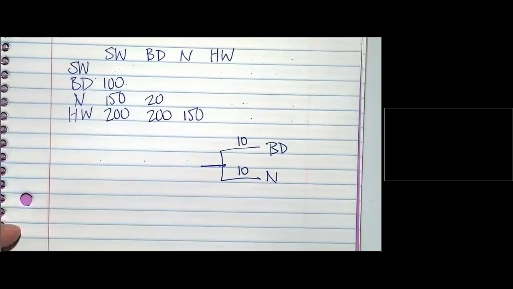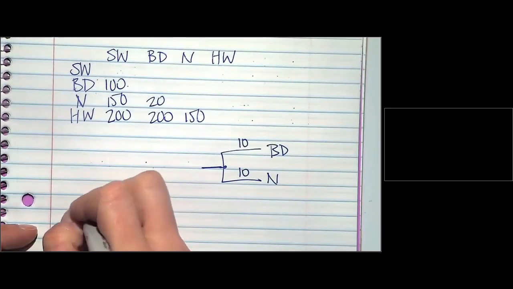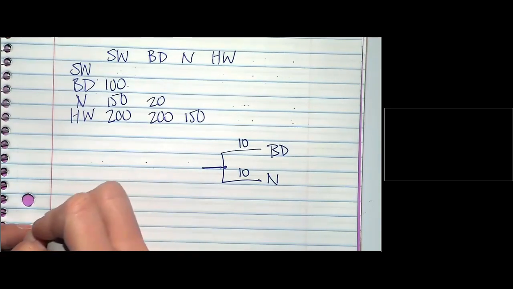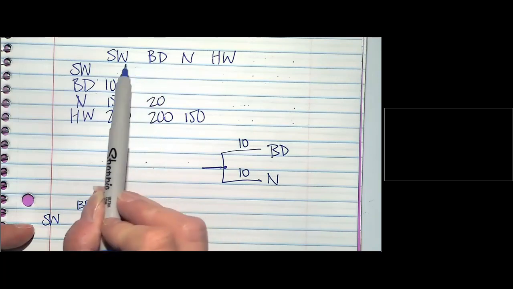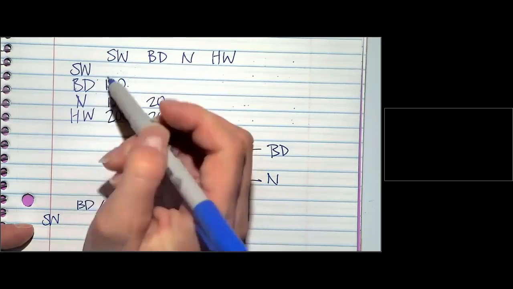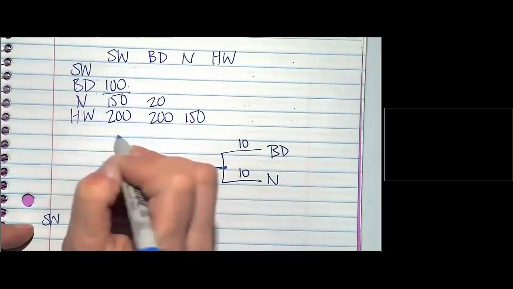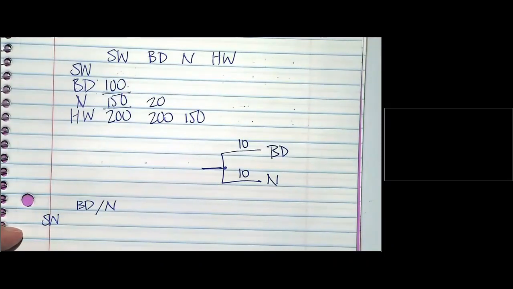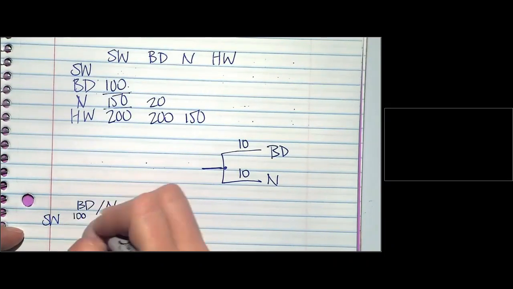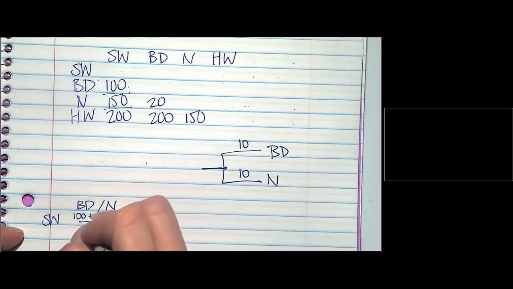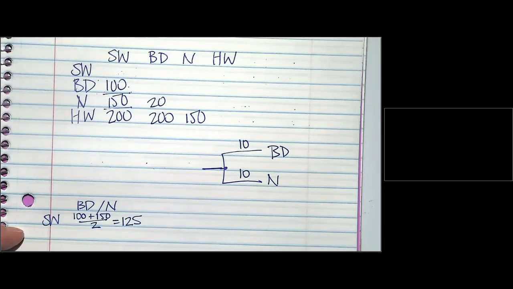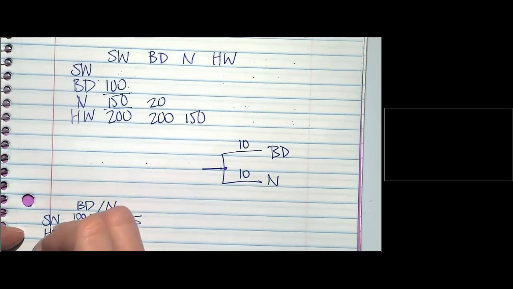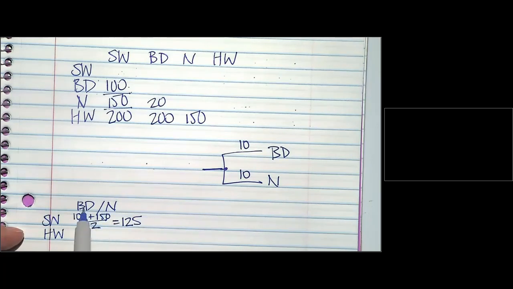So if we have the bottlenose dolphin and narwhal together to the sperm whale, bottlenose dolphin to the sperm whale is 100. Narwhal to the sperm whale is 150. So this is going to be 100 plus 150 divided by 2, 125. So then bottlenose dolphin and narwhal to the humpback whale.